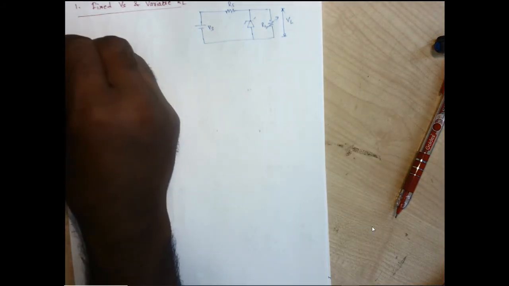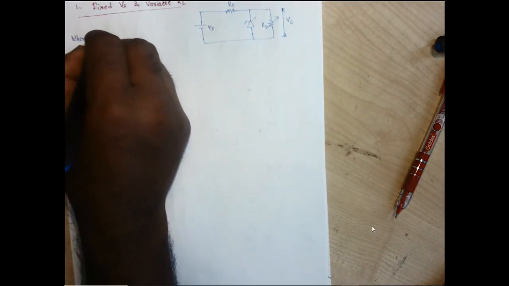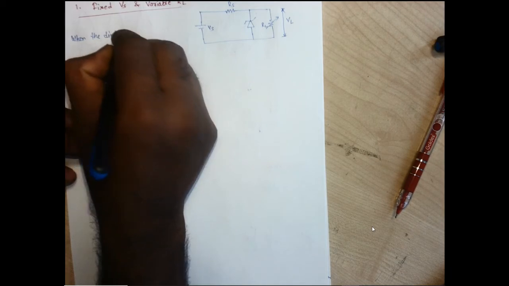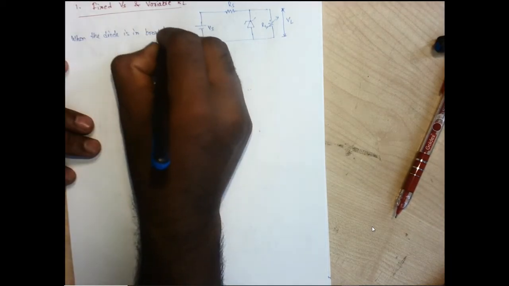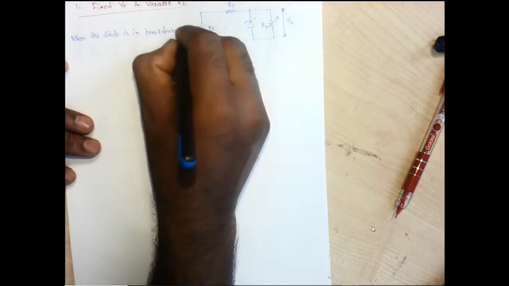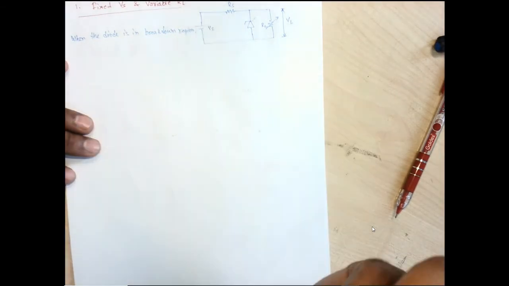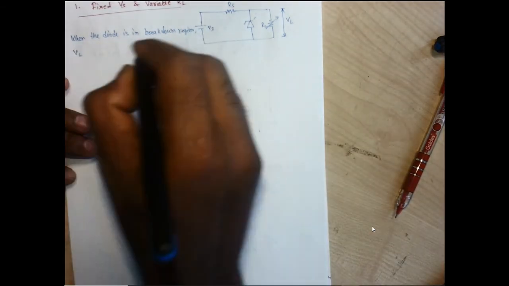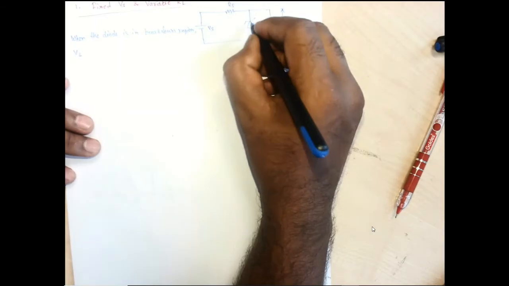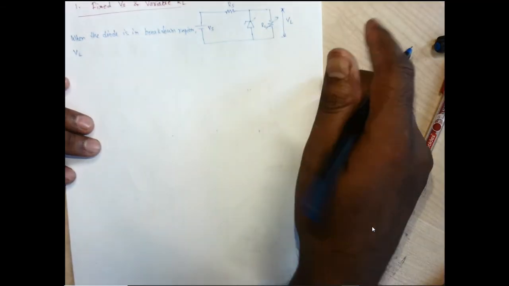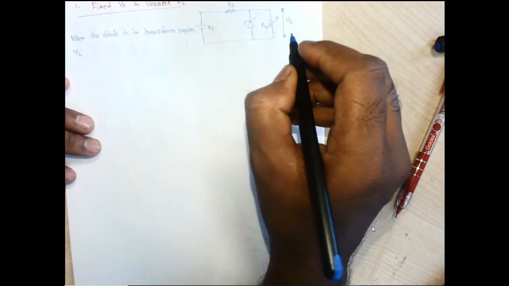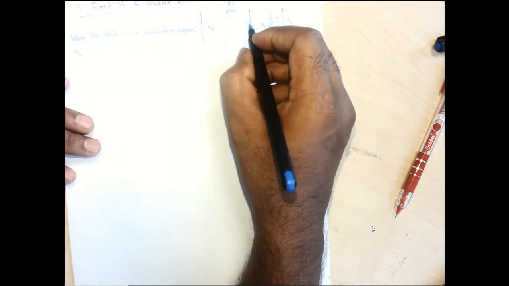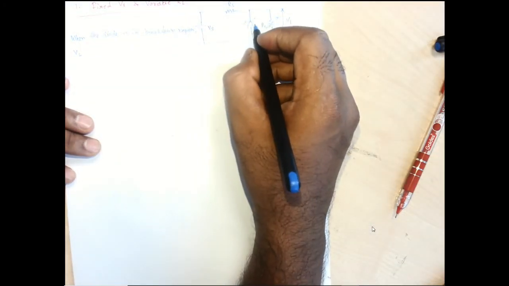When the diode is in the breakdown region, this VL will simply become VZ. The voltage across this Zener diode is fixed, that is VZ, the Zener voltage.